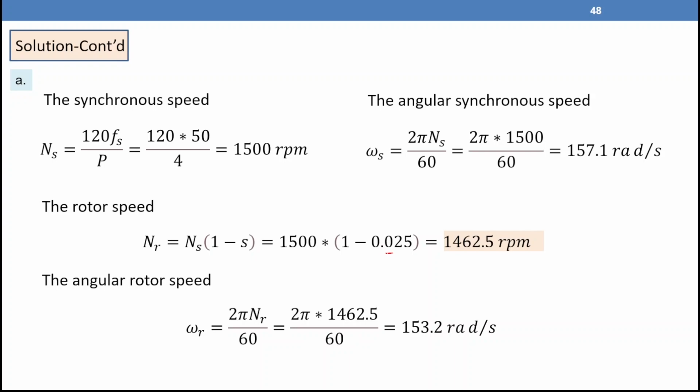Please take care of this zero. So NR equals NS times 1 minus S, 1500 multiplied by 1 minus 0.025, which gives 1462.5 RPM. The angular rotor speed, omega R equals 2 pi NR over 60, which is 153.2 radian per second. That is straightforward, and we did that before in the previous video.